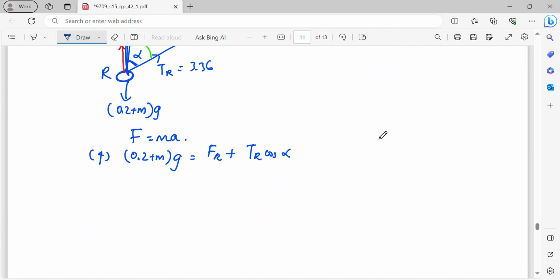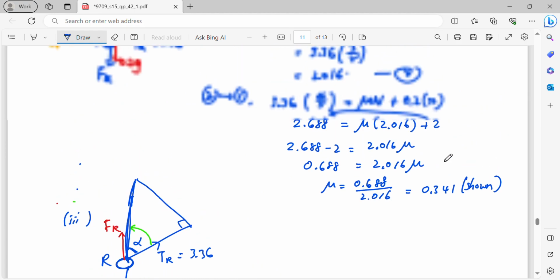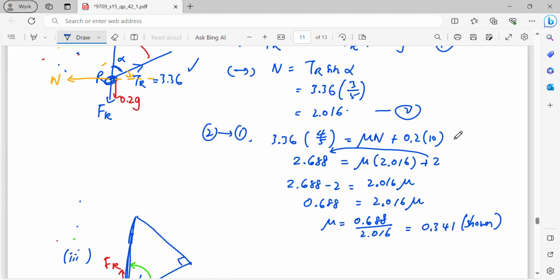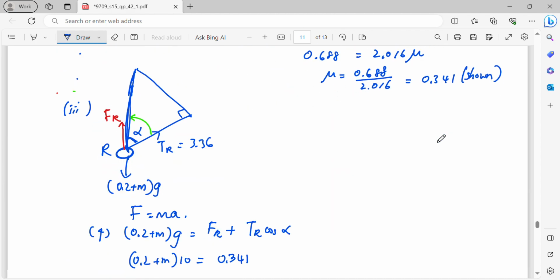Okay, and now you need to find the m. So for the left hand side remains the same, but the g you can change to 10. So Fr here, Fr is always a mu times the normal reaction. Okay, the mu is unchanged, which is 0.341, and then the normal reaction, it will be the same, 2.016.